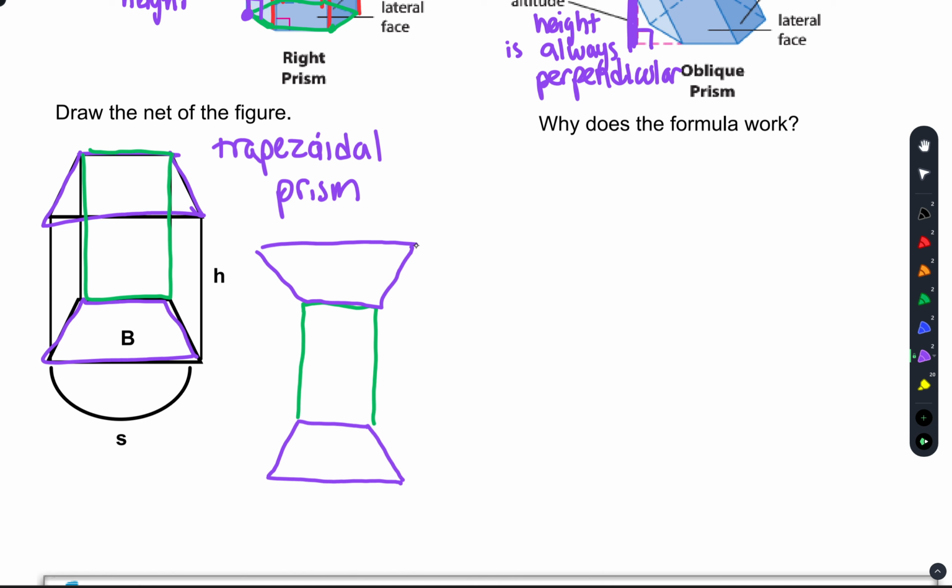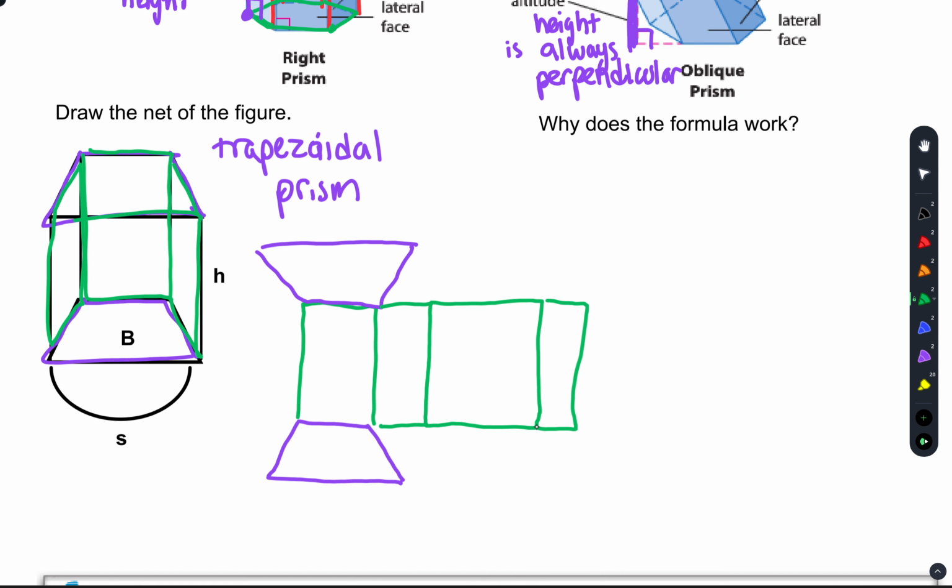And then we have three other lateral sides. So three other rectangles. I've got this one, and the one in the front. So that's a little guy over here, a long one, and then another little one. Okay, everybody good? Everybody got this net?